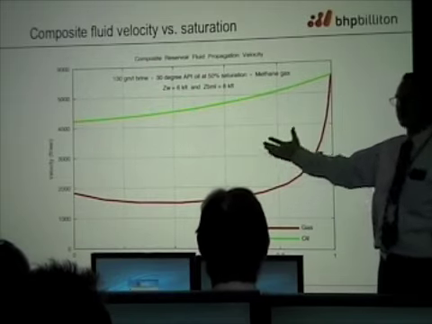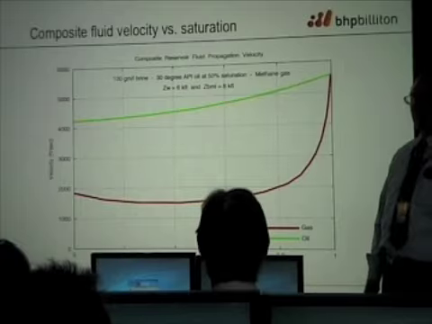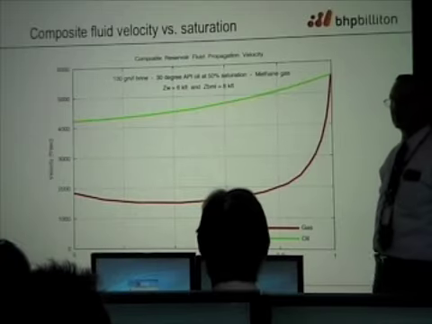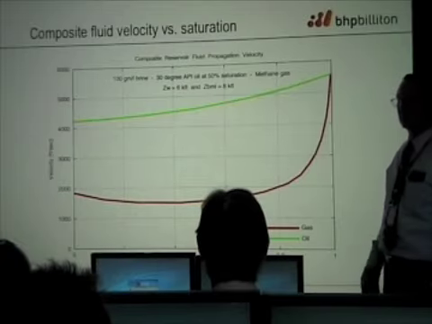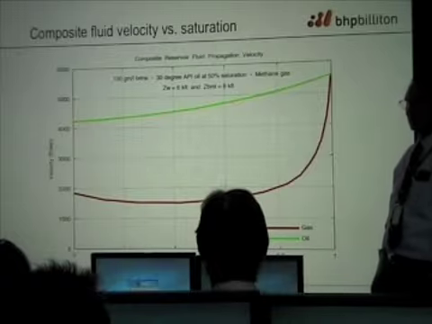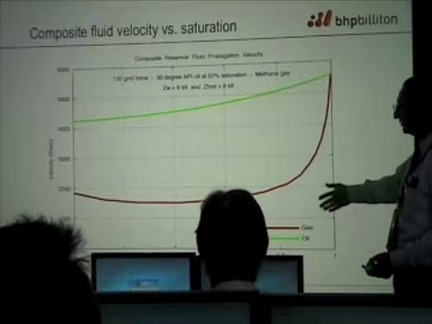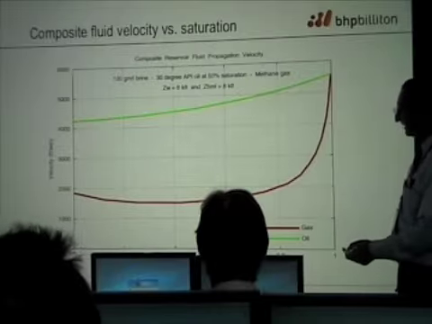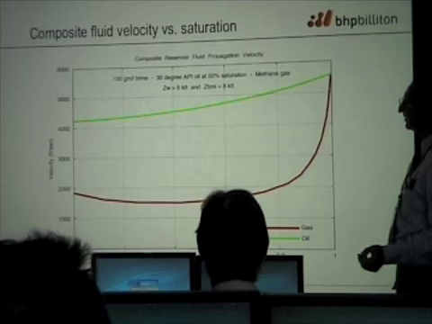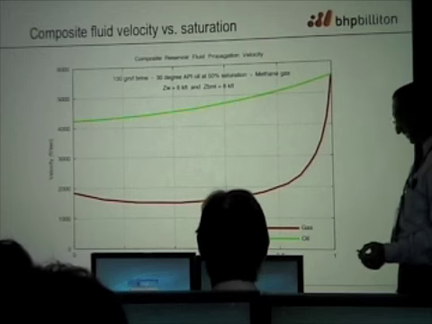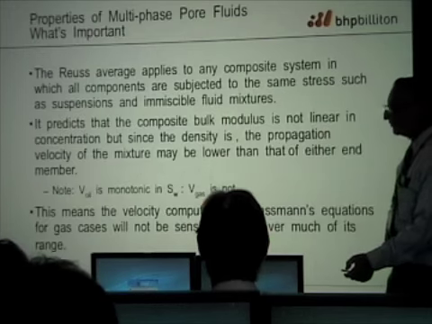And the suspension formula fits the data very, very well, and over most of the range it's lower than either end member, which we know for the solids is way above, and for the brine cases. I didn't show that here. It was done back in the 60s by a lady by the name of Charlie Schreiber. So yes, that does happen.